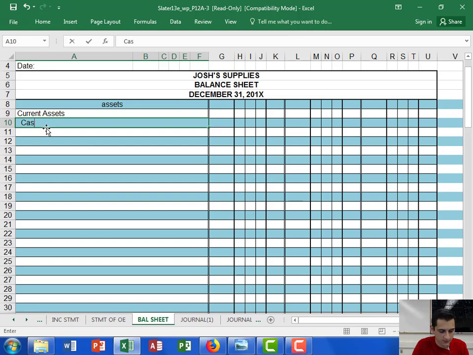I know it's alright. I can get this. Your cash, accounts receivable, merchandise inventory, and prepaid insurance. Then you're going to have your total number for current assets.